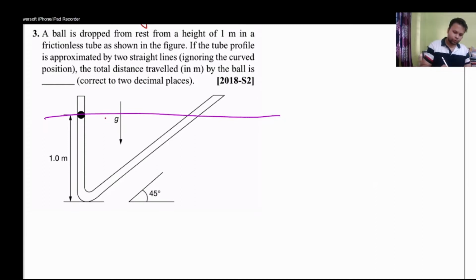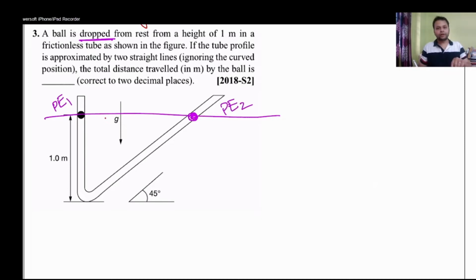Initially the kinetic energy was zero, because it is clearly written that the ball is dropped. Finally also the kinetic energy will be zero, because the ball will go and stop there. So the potential energy at point 1 and point 2 should be the same.